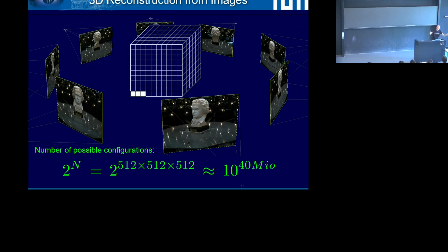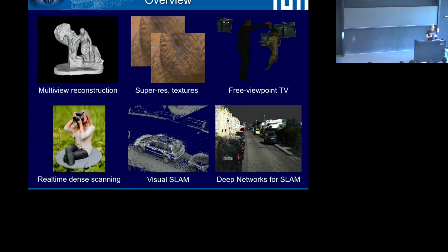And for self-driving, things need to happen in real time and not by the end of the universe, obviously. Right? Otherwise, it's pointless. So you see, this is a big challenge that we're facing here. The reconstruction of the world from images is not an easy challenge. It's a computational challenge among many things. And today I want to give you a glimpse of what we can achieve already today and where we stand and where the things are heading.